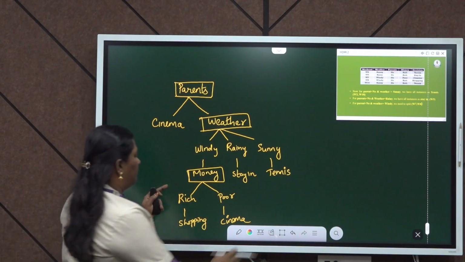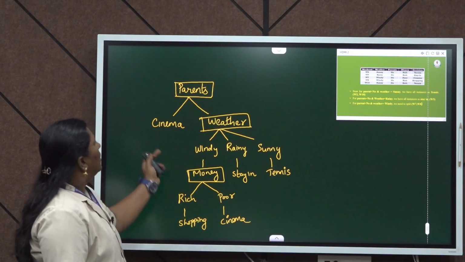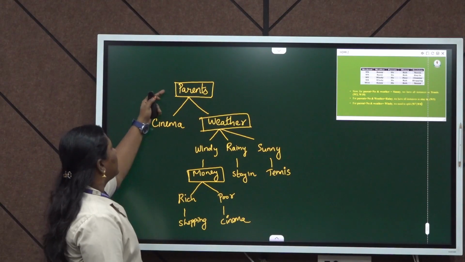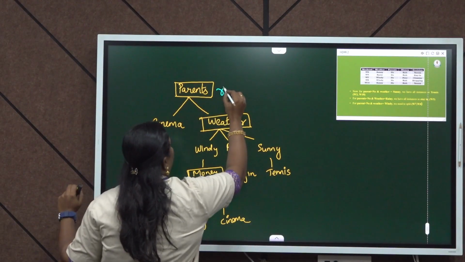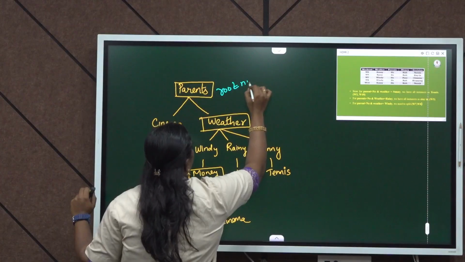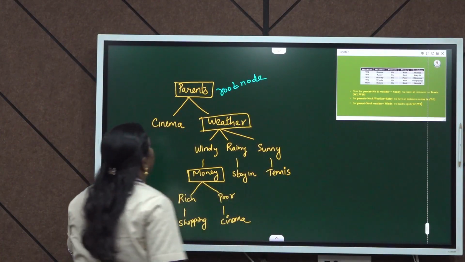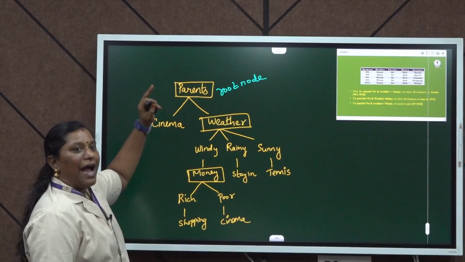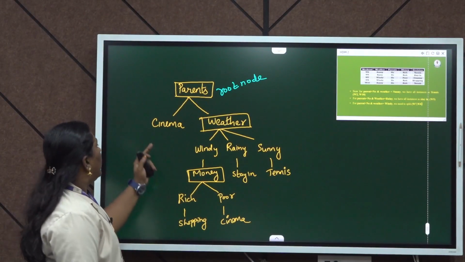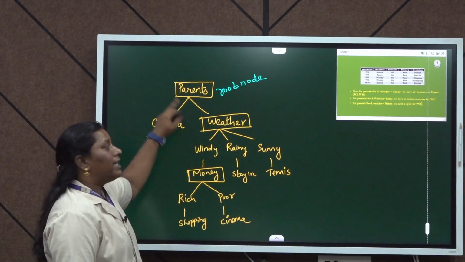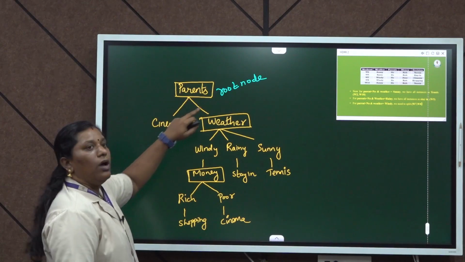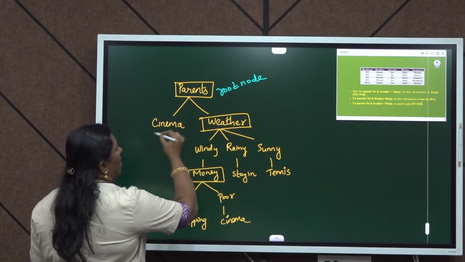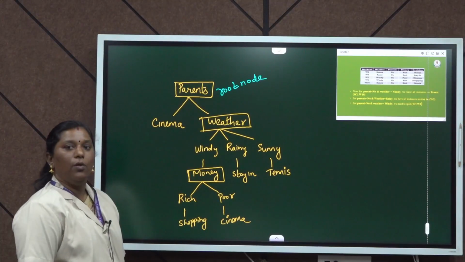As we discussed earlier, the parent is considered to be the root node. Next, by considering Gini index as the attribute selection measure, we have split the data set into a decision node and a leaf node. One is cinema and another one is based on weather.